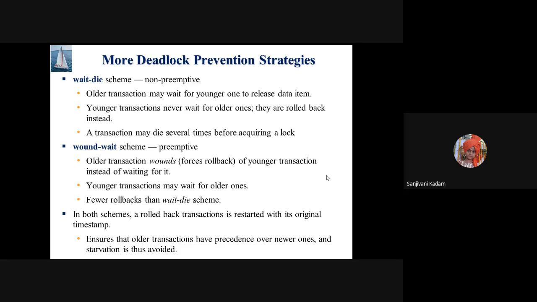Here, younger transactions will keep on waiting for the older ones to complete execution, and this will have far fewer rollbacks compared to the wait-die scheme. In both cases, wait-die and wound-wait, whenever a transaction is rolled back, it restarts with its original timestamp.